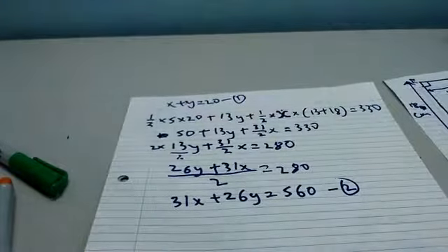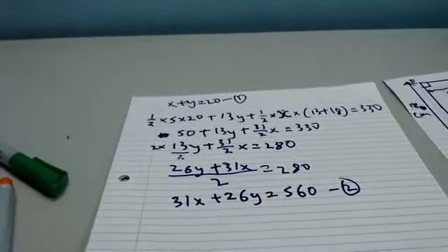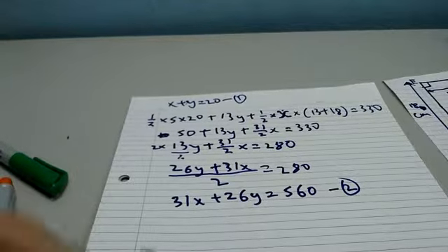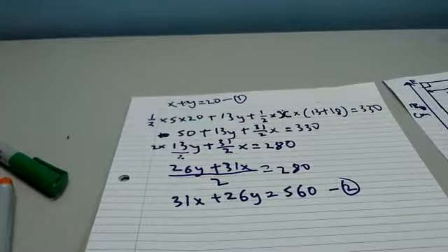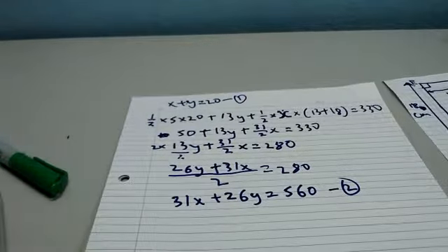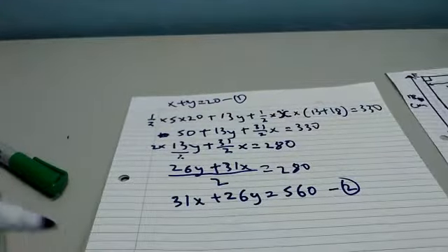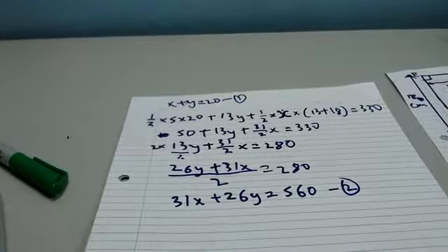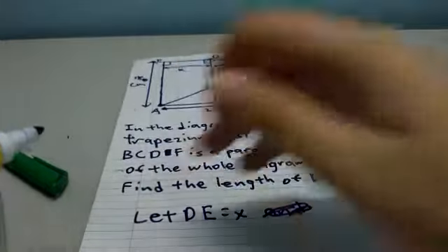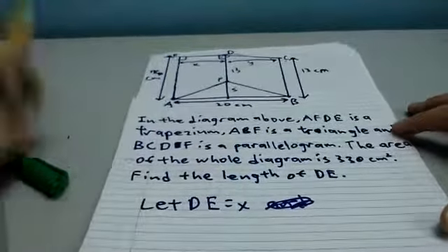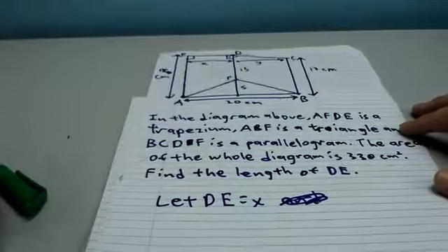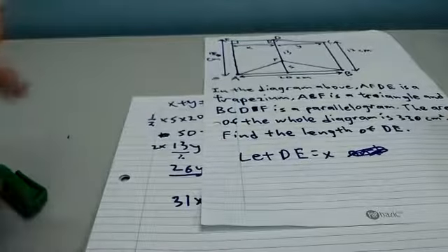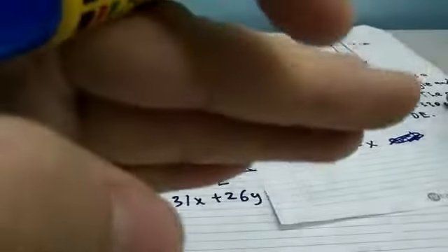When we have these two pieces of information, it is a simultaneous linear equation, which you can solve using graphical, substitution or elimination methods. But for me to solve this fast, I will use the elimination method. I also need to consider that the question requires the length of DE, which is the value of x. So if you want to find the value of x, you need to eliminate the variable y.